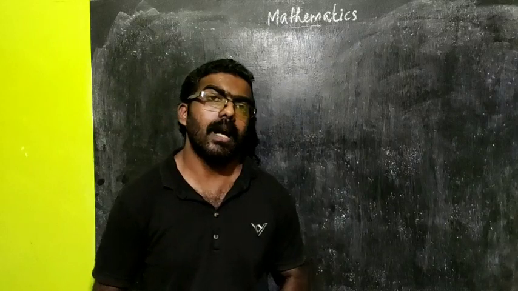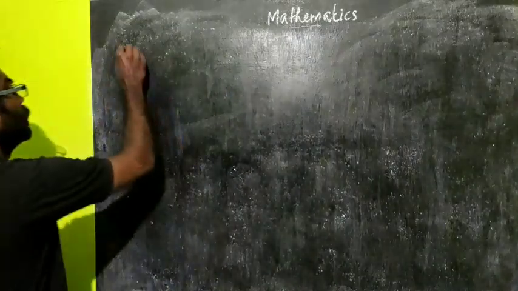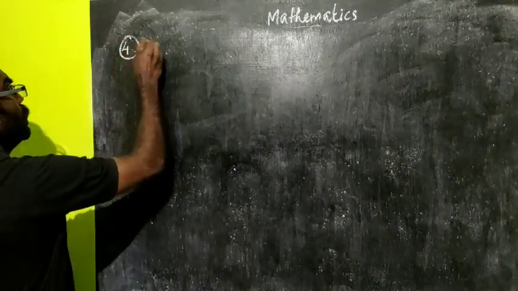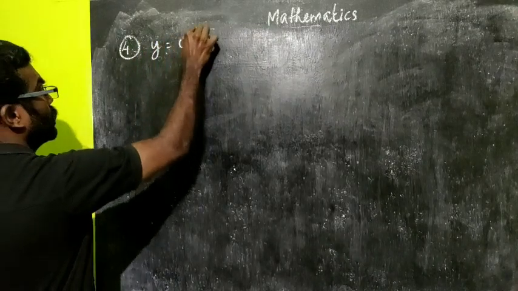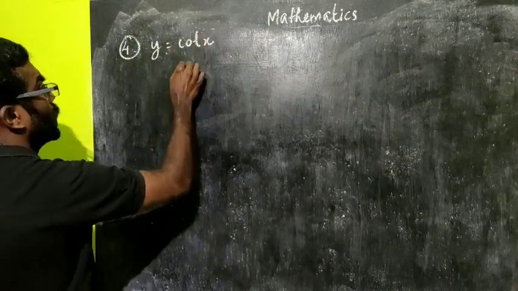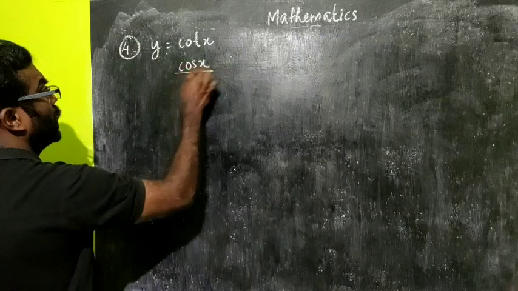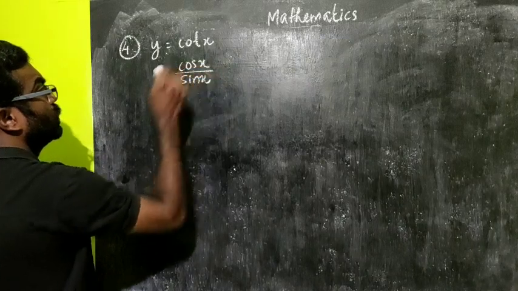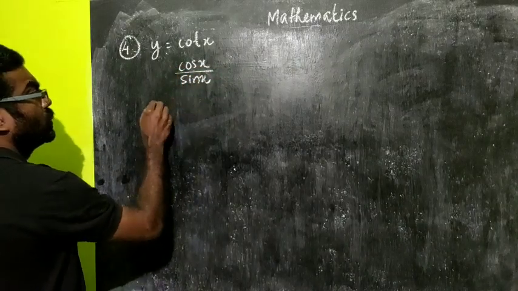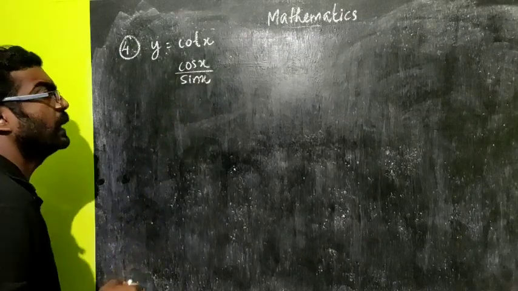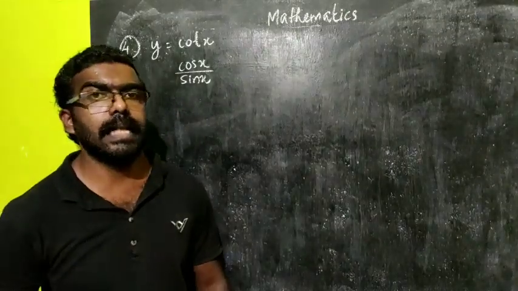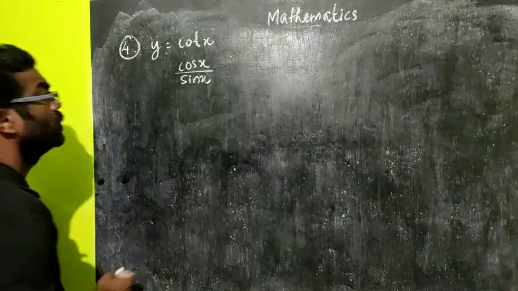Now we can discuss the graph of cot x. The fourth one is y is equal to cot x. So cot x can be written as cos x by sin x. And we know sin x equal to 0 for all integral multiples of pi. Sin n pi equal to 0.